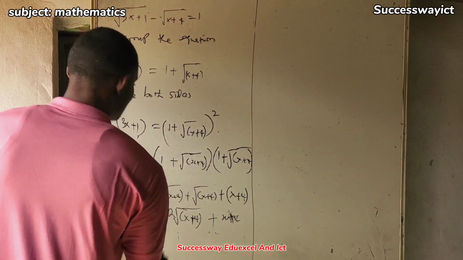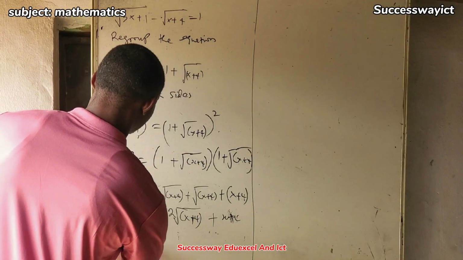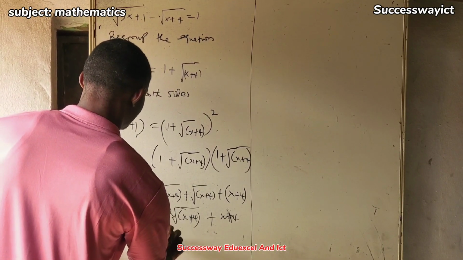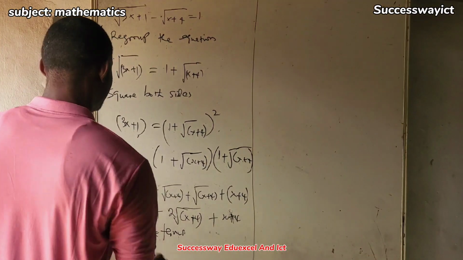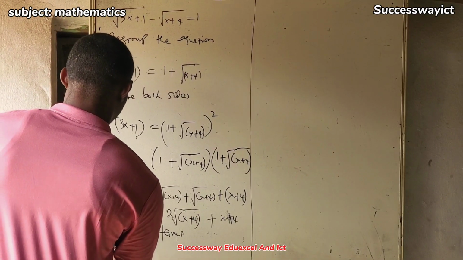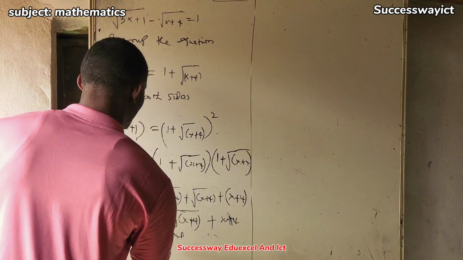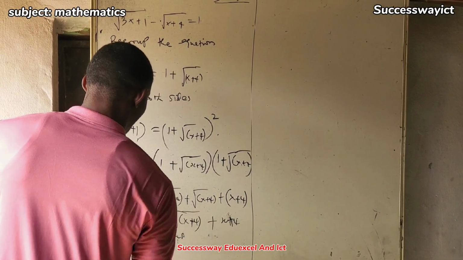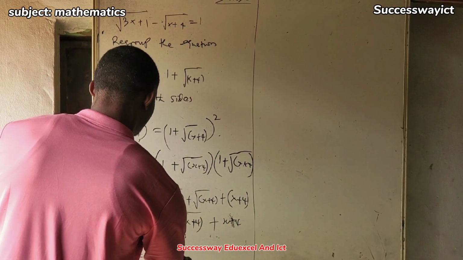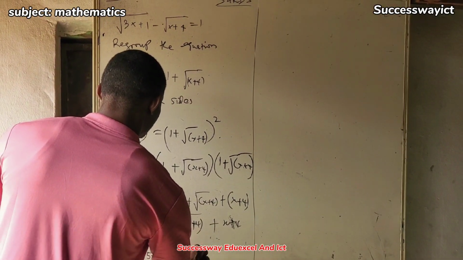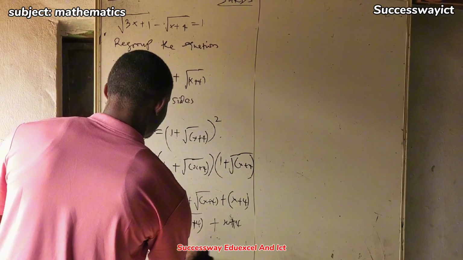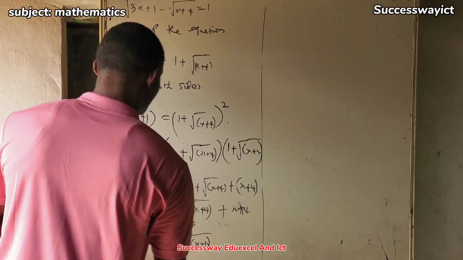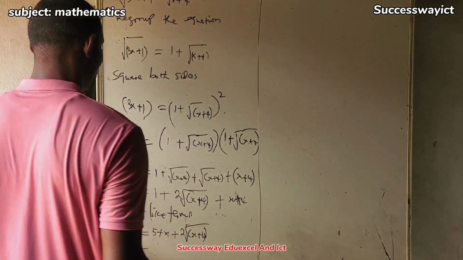Now let's collect like terms. 3x plus 1 is equal to 1 plus 4, which is 5, plus x, plus 2 root x plus 4.